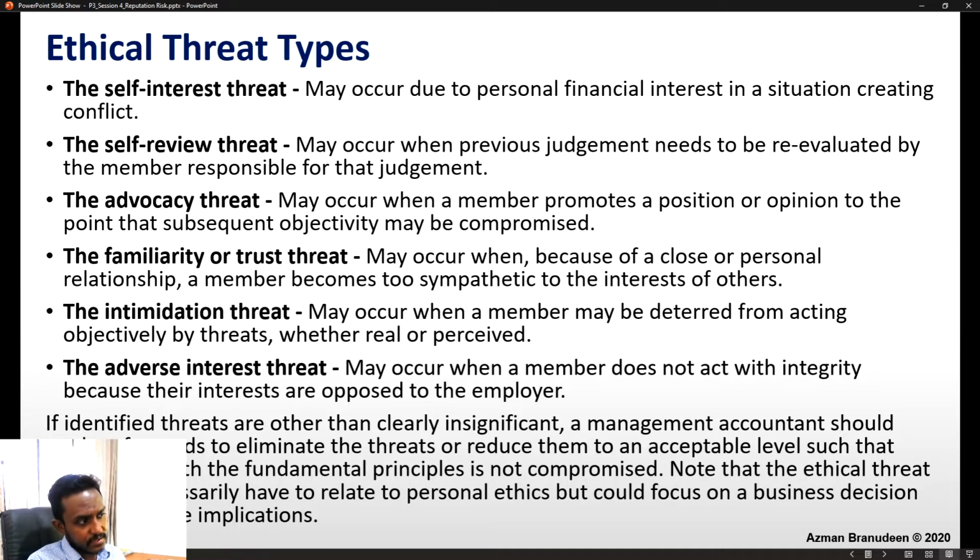If identified threats are other than clearly insignificant, a management accountant should apply safeguards to eliminate the threats or reduce them to an acceptable level, such that compliance with the fundamental principles is not compromised. At any point, we cannot let the fundamental principles be compromised.